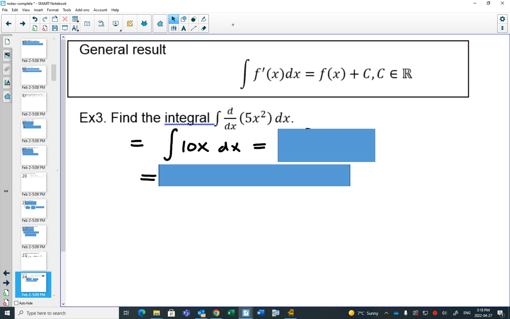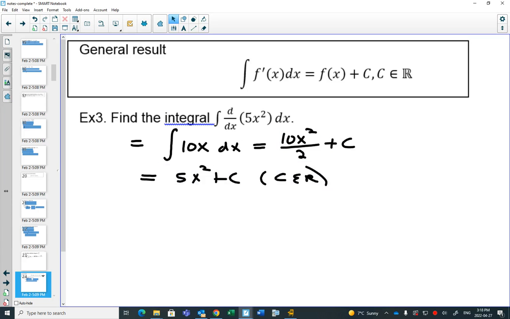And then how do you find the integral of 10x? Well, you would add 1 to the exponent and divide. And if you simplify that, you get 5x squared. Whoa. You don't have to write that. That's fine.